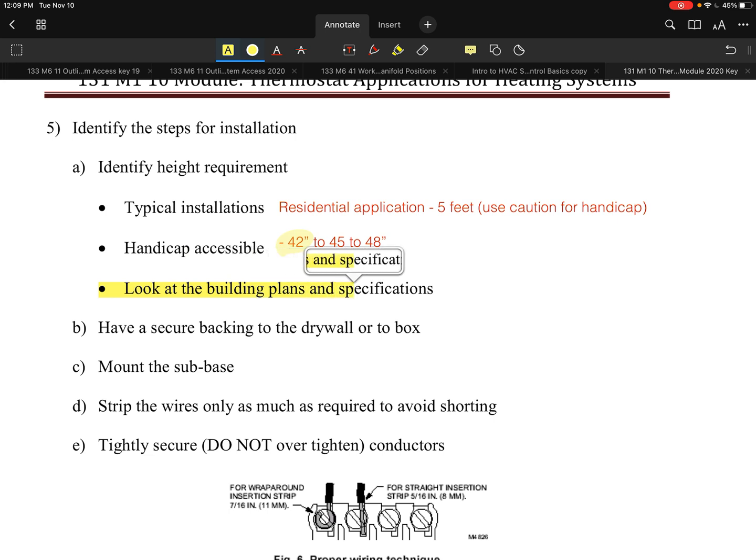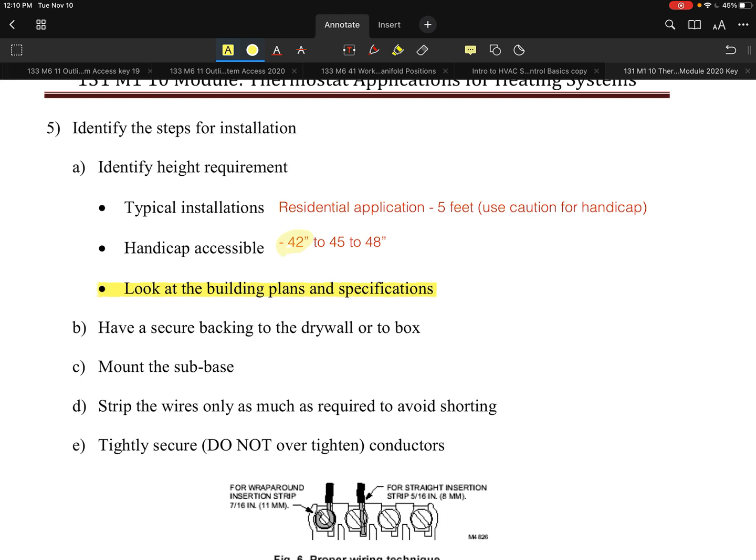The next part I want to address is, I said look at their building plans and specs. In some of my classes that deal with looking at the buildings and plans, what'll happen is in a lot of these applications, whether residential or commercial, an architect or an engineer may specify the height that the thermostat must be installed in each of those rooms.